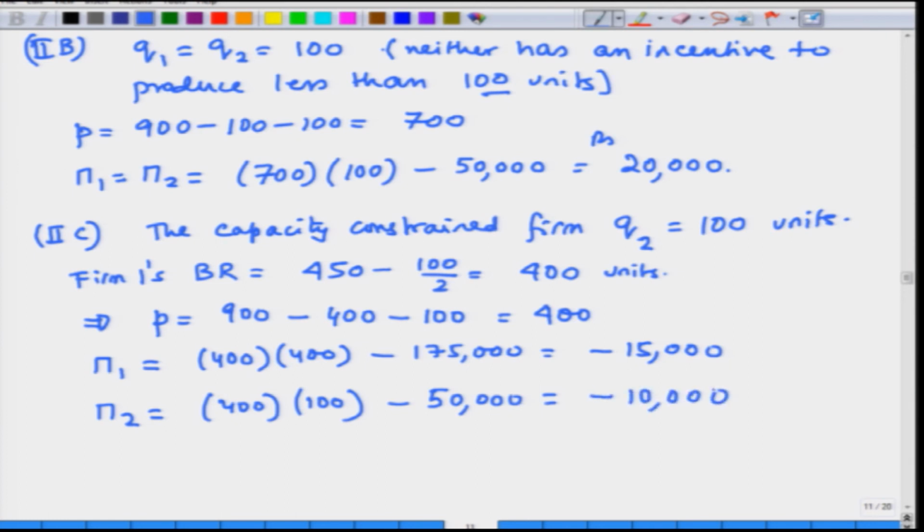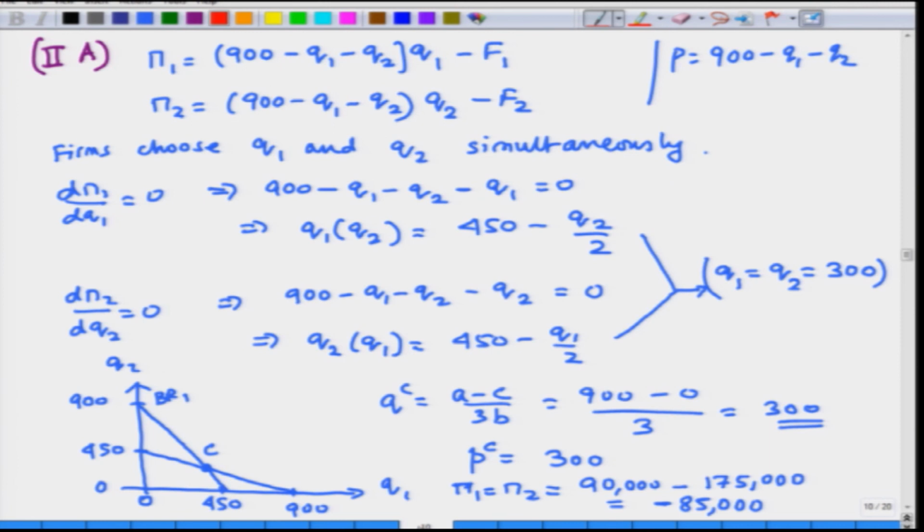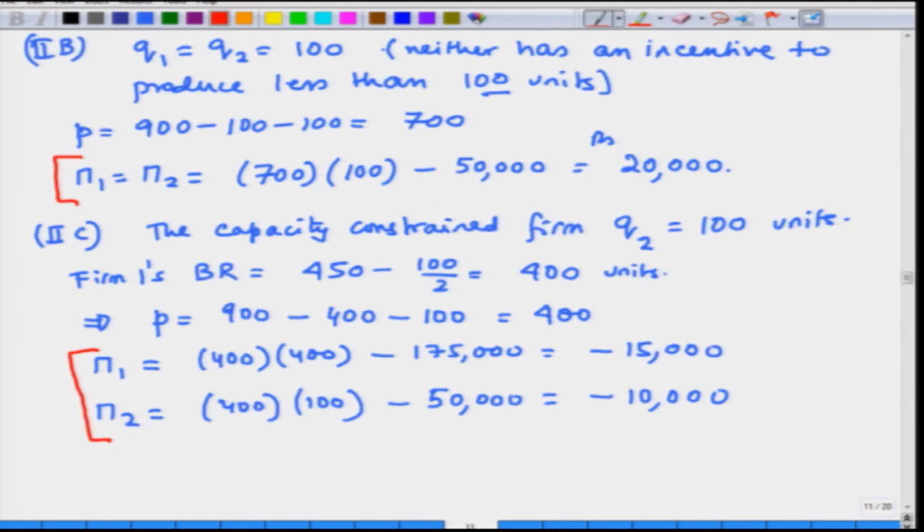Now notice we have the entire characterization of the profits. We have the profits for the case where one firm is capacity constrained and the other is not. We have the profits for the case where both firms are capacity constrained, which is both produce 100 units, and we also have the analysis for the case where both firms are not capacity constrained, which means both are able to produce as many units as they want.